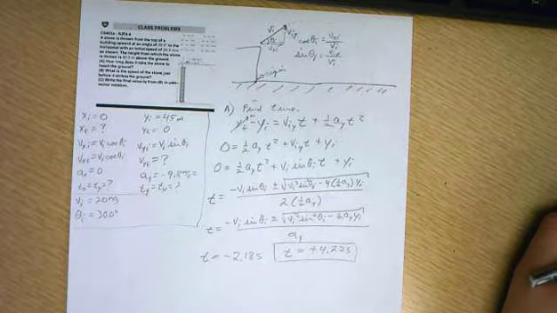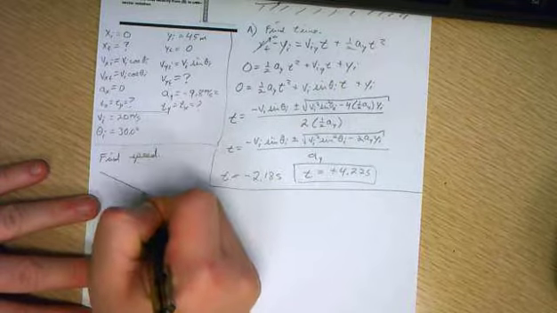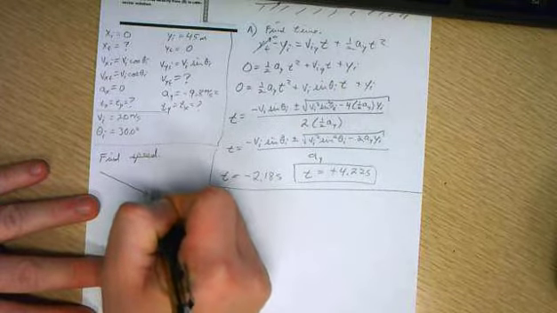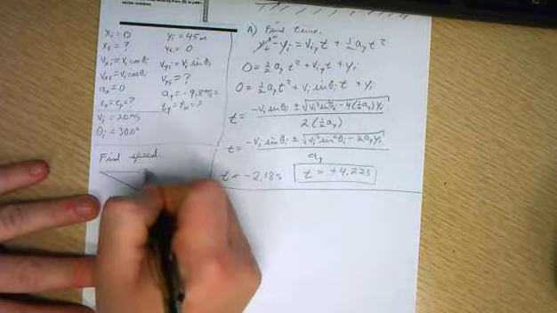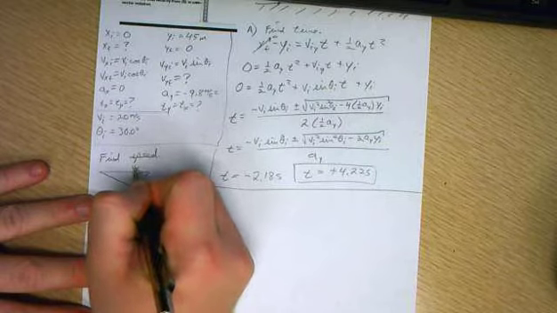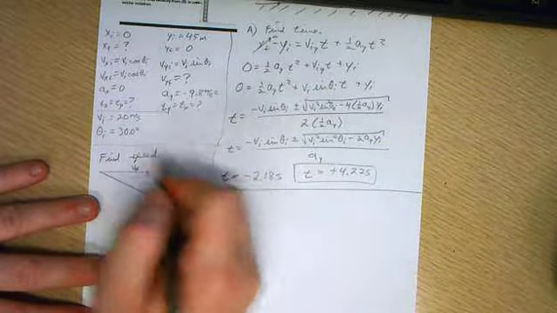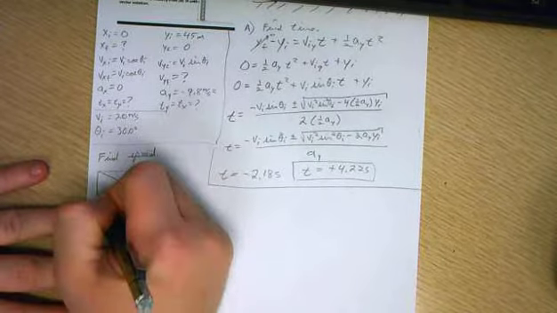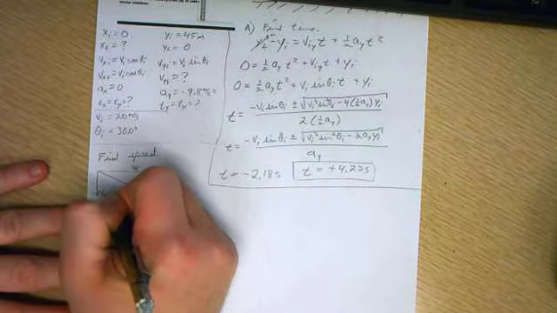So the next part of the problem says find the speed. Okay? So what that means is find the magnitude of the final velocity vector. Well, we have the final x velocity, so we need to find the final y velocity.